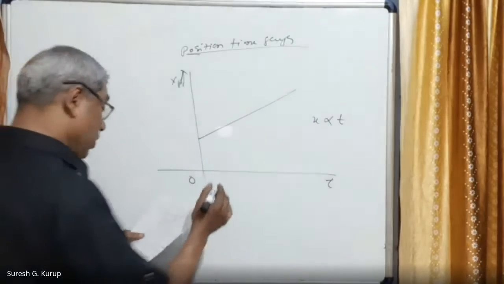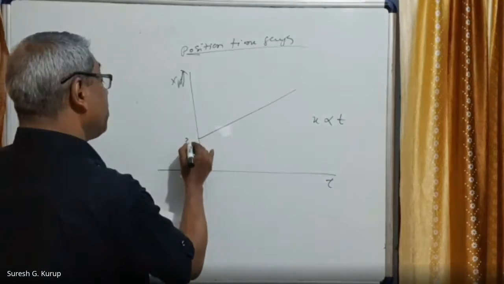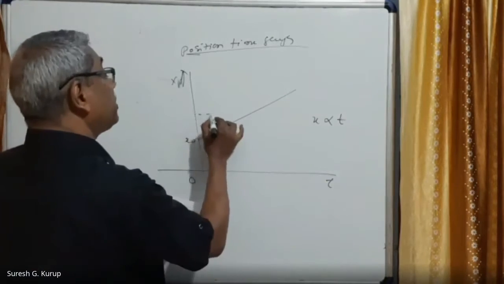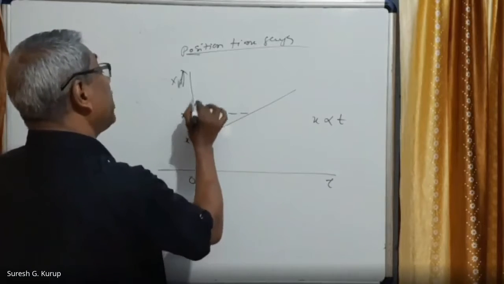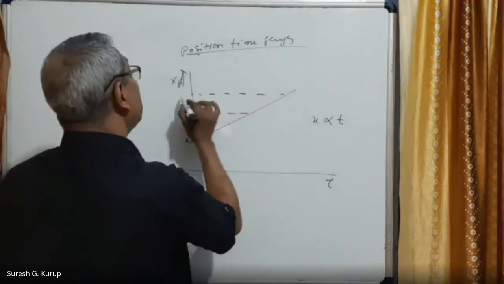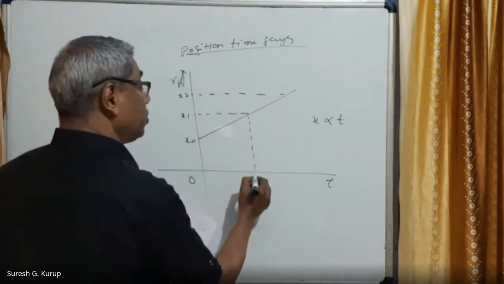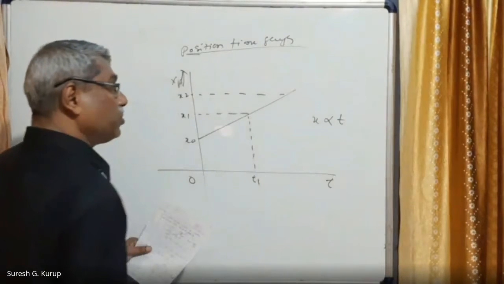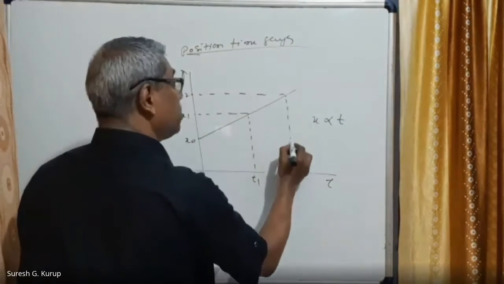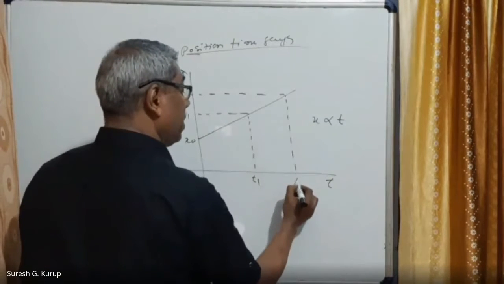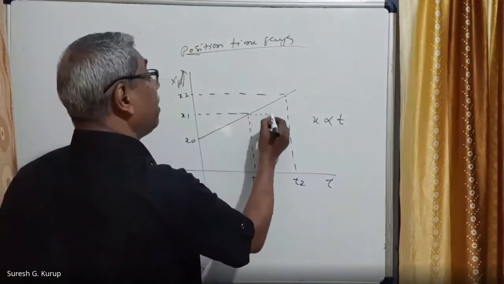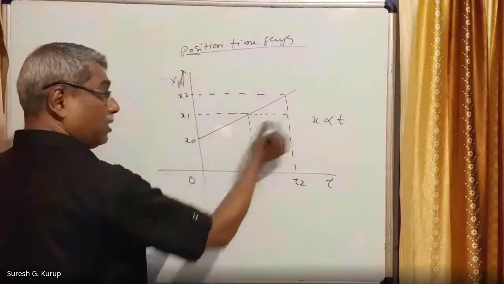Okay. This point is x0 I can write, and this point is x1, and this point is x2. x1 is the position of the body when time is t1, and x2 is the position of the body when time is t2, right? We can connect this also.